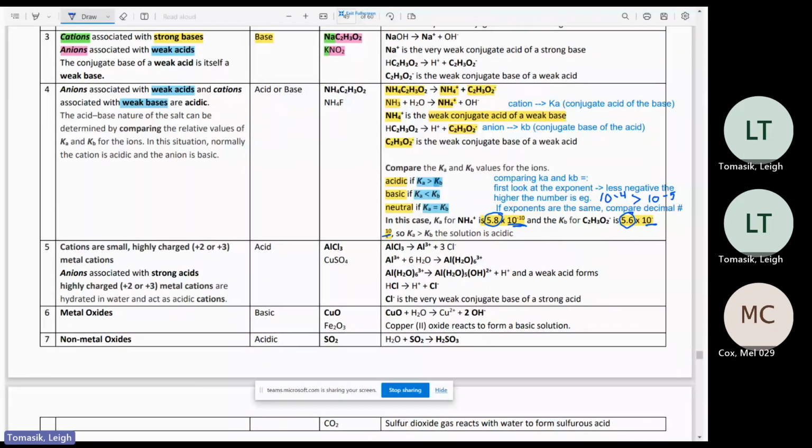And then we have some other situations here. So it says cations are small, highly charged metal cations, and anions are associated with strong acids. So again, this is the same thing, right? Aluminum and copper are the part that should have come from the base.